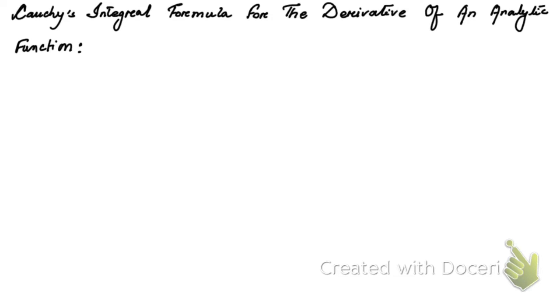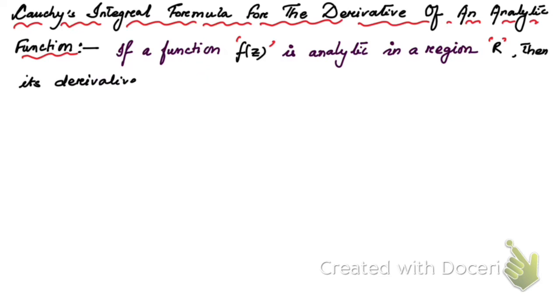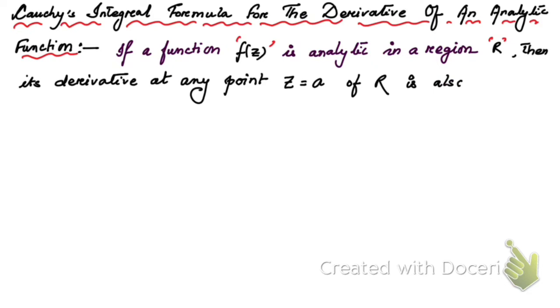This theorem says that if a function f of z is analytic in the region R, then its derivative at any point z equal to a of the region R is also analytic in R. That means if f of z is analytic in the region R, then the derivative of f of z at z equal to a is also analytic in R, and that is given by this formula.